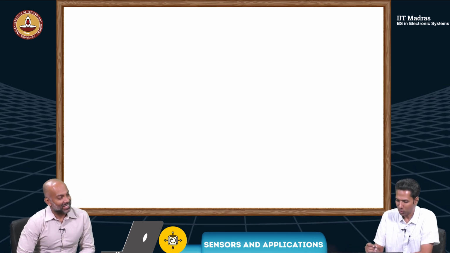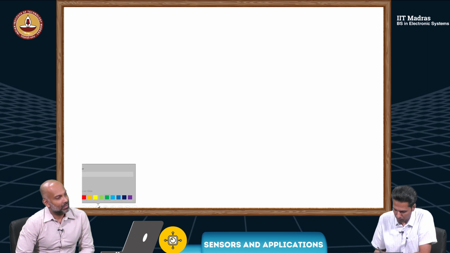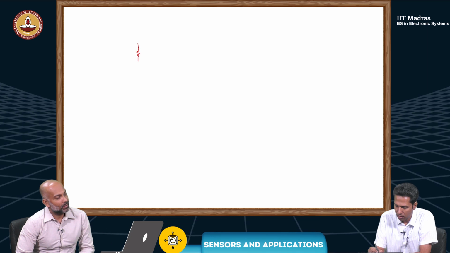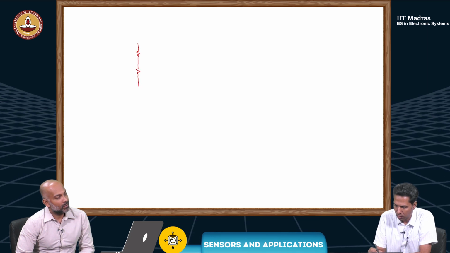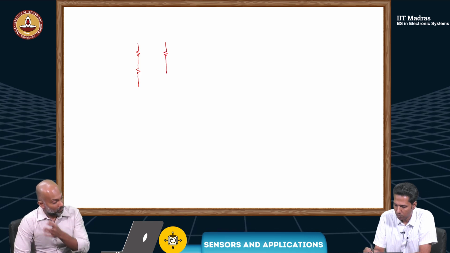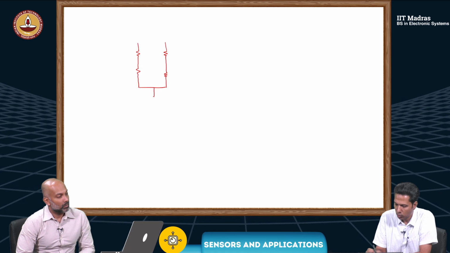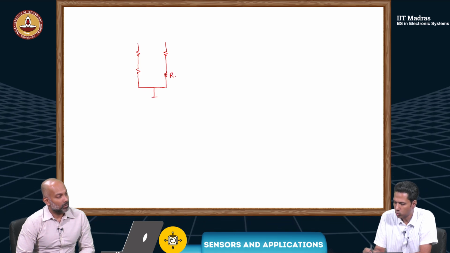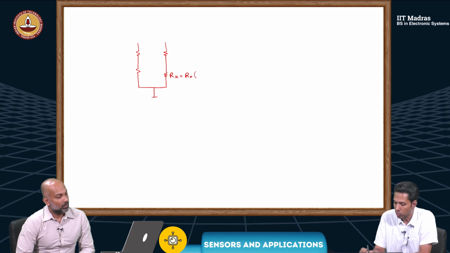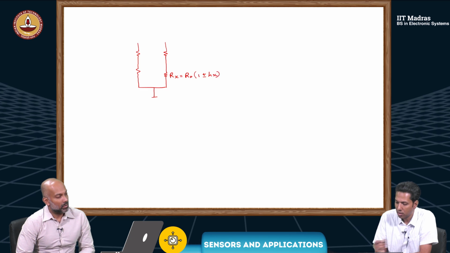So the quarter bridge is what we discussed. There were 4 resistors. This was the Rx, which we wrote as R naught into 1 plus or minus Kx.